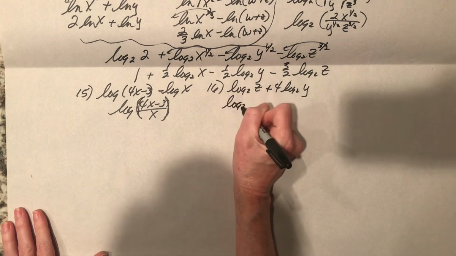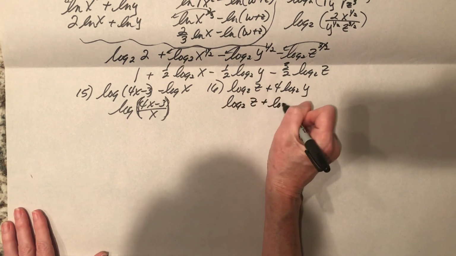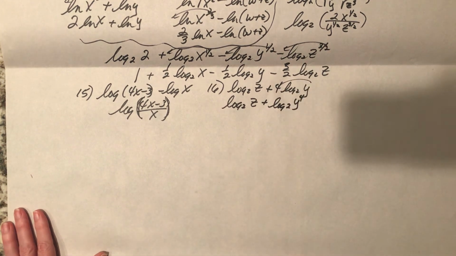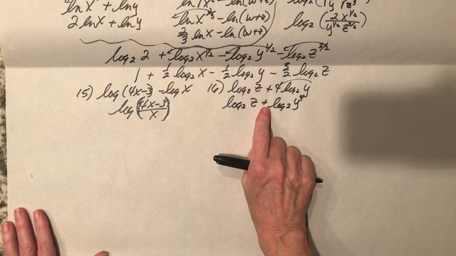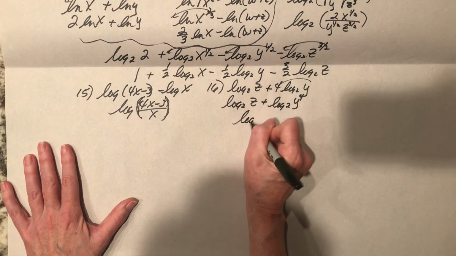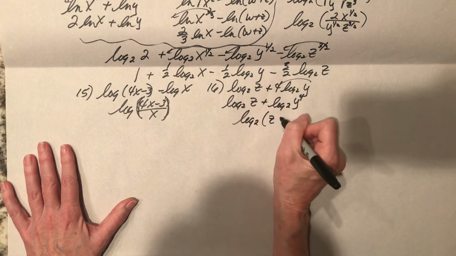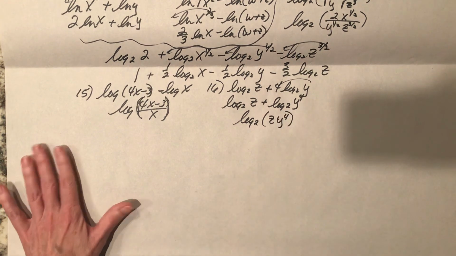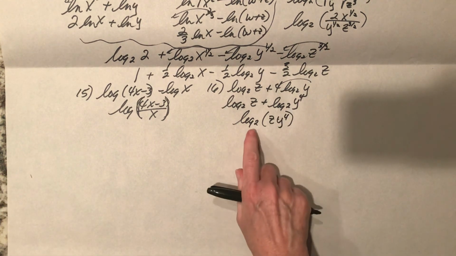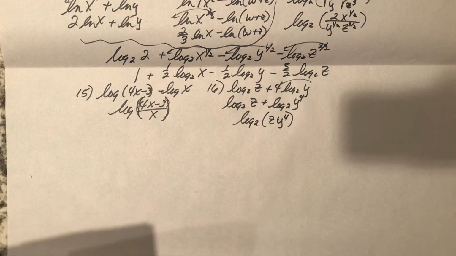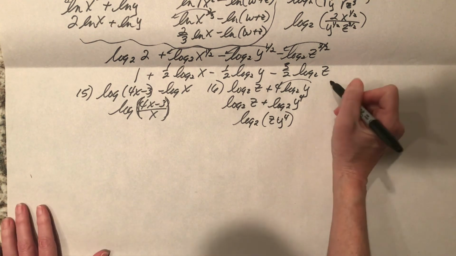So we've got log base 2 of z plus log base 2 of y to the 4th. Then this is an addition problem, so that tells us these will both be in the numerator. So let's go log base 2 of z times, or we can leave out that dot, y to the 4th. Put them in parentheses because you want to take the log base 2 of z and y to the 4th. Okay, that looks good.